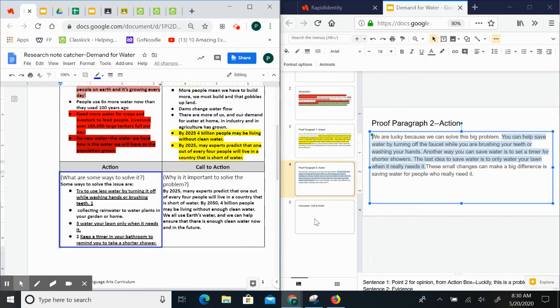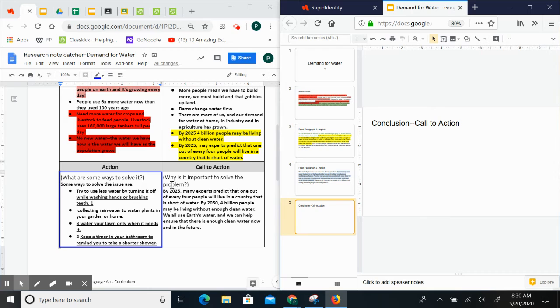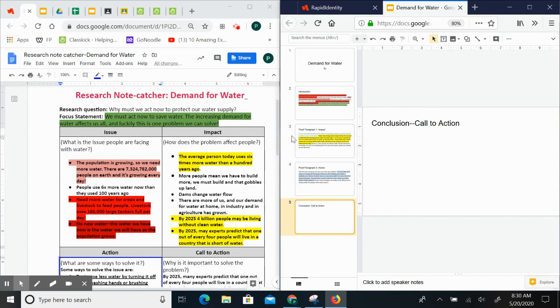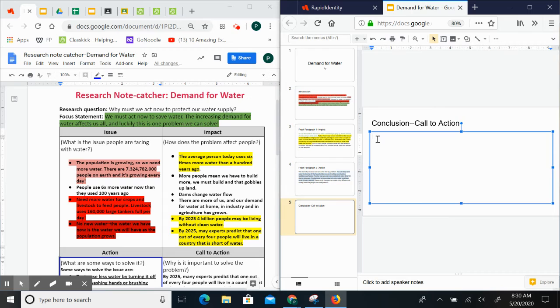All right, so we are ready for our last paragraph. Our last paragraph is the call to action. You're going to convince people, but there are only 3 sentences. Our first sentence is, what's the problem? I have to go back to my green. We must act now to save water. The demand for water affects us all, and it's a problem that we can solve. So I have to restate that.